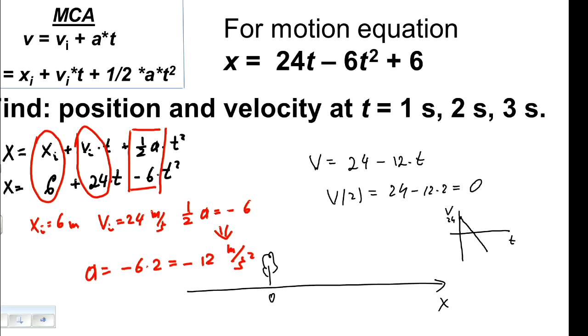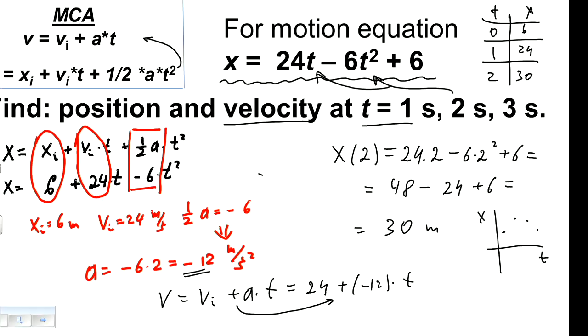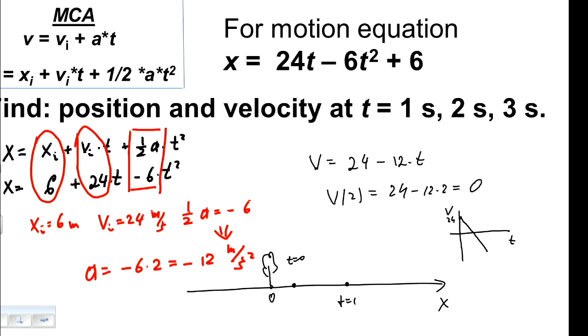So at t equals 0, the object was 6 meters away from the tree, from the origin. At t equals 1, the object was 24 meters away. And at t equals 2, the object was actually 30 meters away. But here, it stopped.